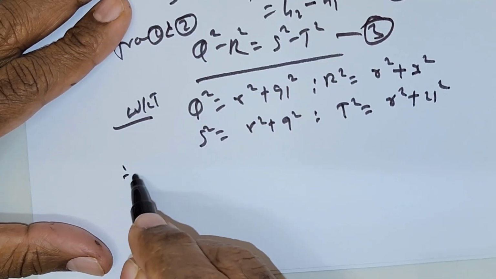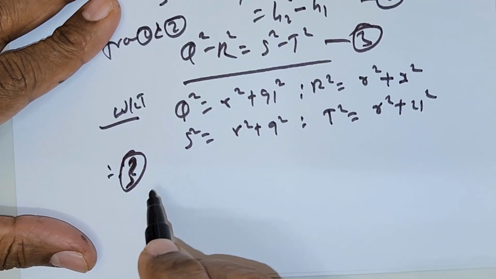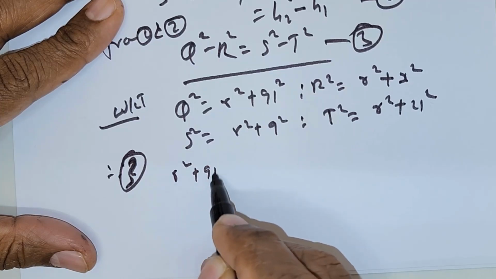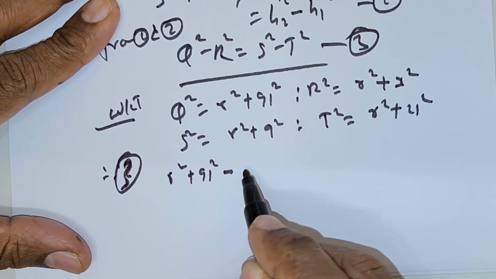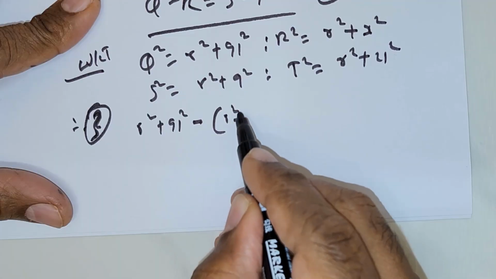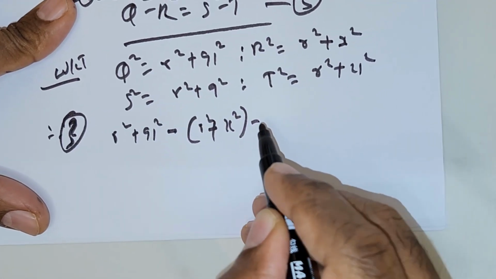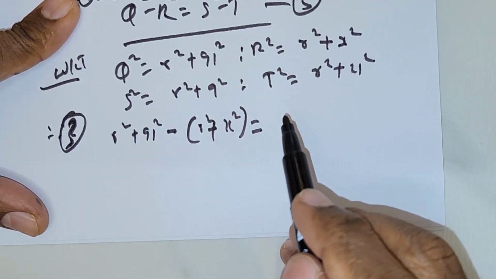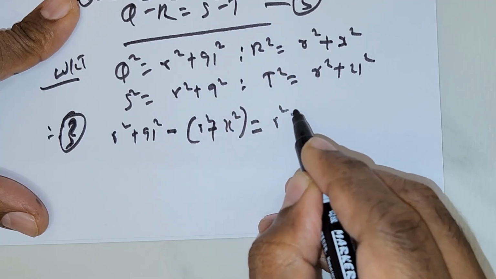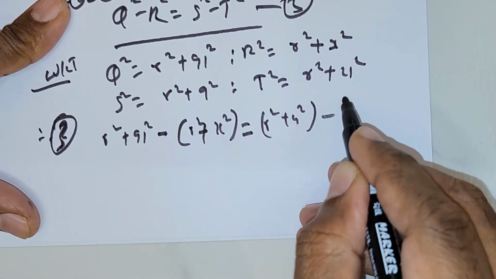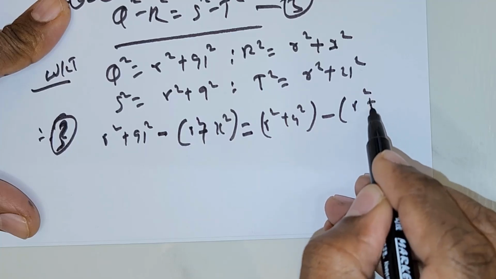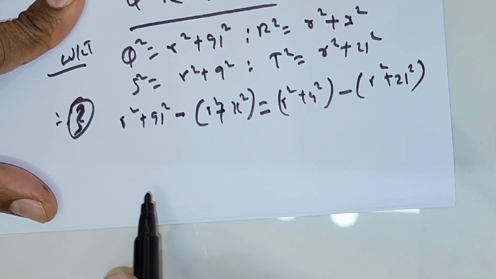So 3 can be rewritten as r squared plus 91 squared minus r squared plus x squared, equal to s squared, which is r squared plus 9 squared, minus t squared, which is r squared plus 21 squared.